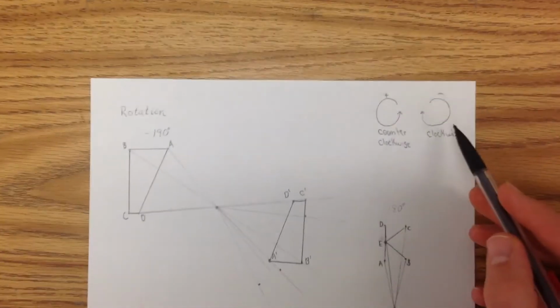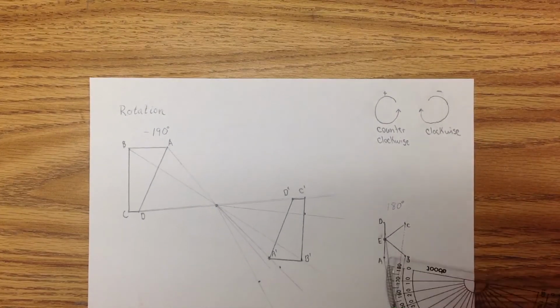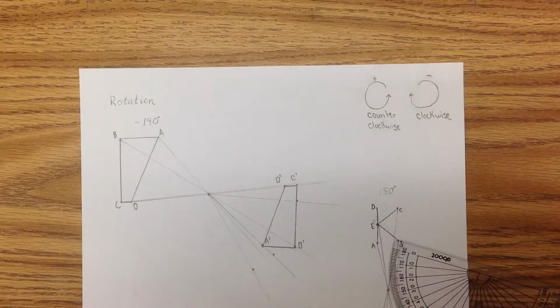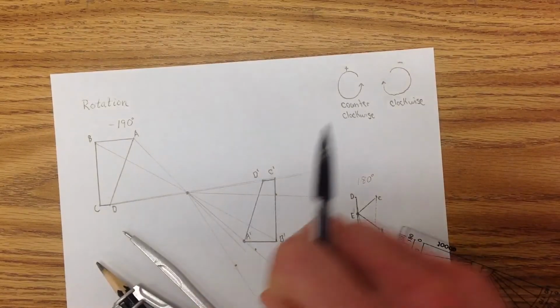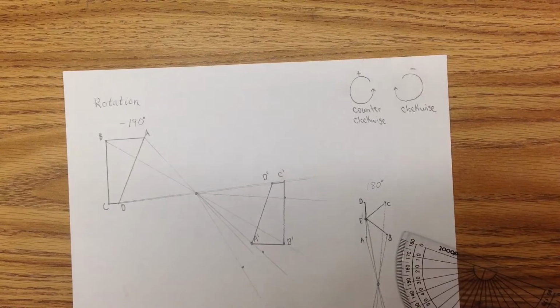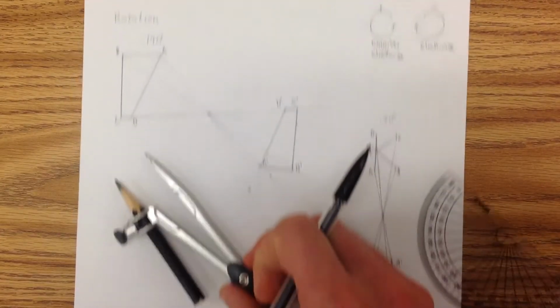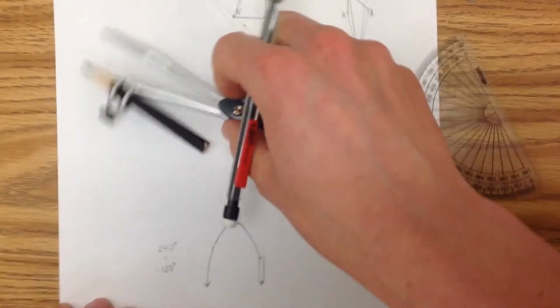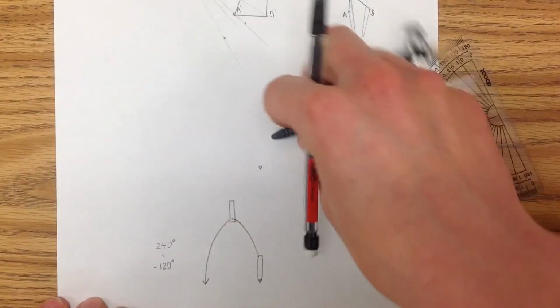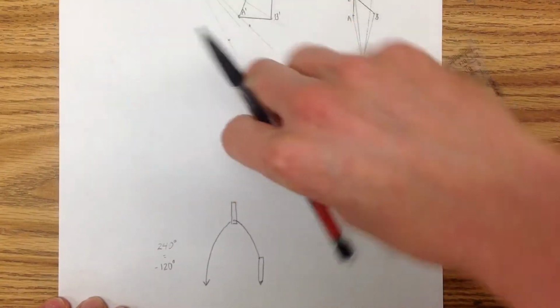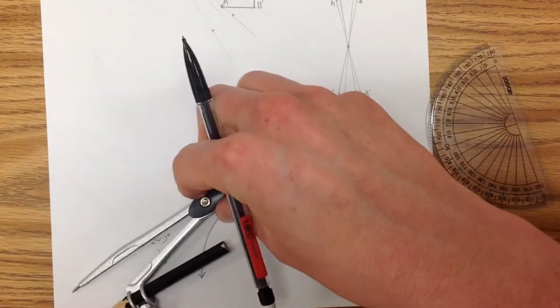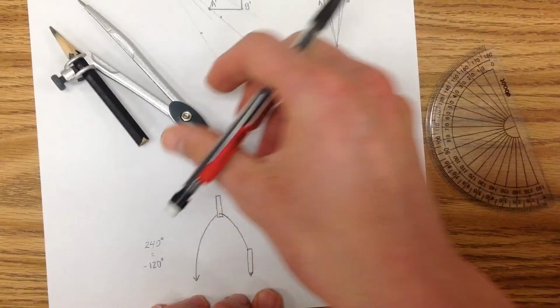And remember, negative is clockwise. So instead of rotating it 240 this way and ending up something like this, I'm going to rotate negative 120 this way and end up in a very similar position.